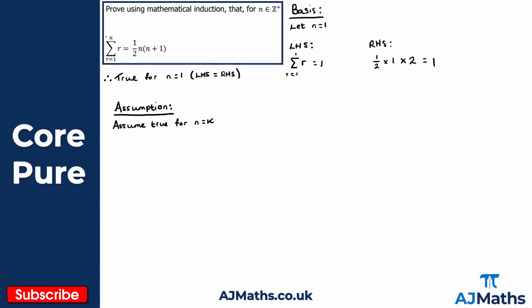So all I'm going to do is go back to the original equation here. So the sum of r from 1 to n being equal to a half n times n plus 1. I'm just going to replace any n's here now with k. So what I'm going to get here then is the summation of r from r equals 1 to k. And that's equal to a half n. But remember, we just replace n here with k. So I get a half k times k plus 1.